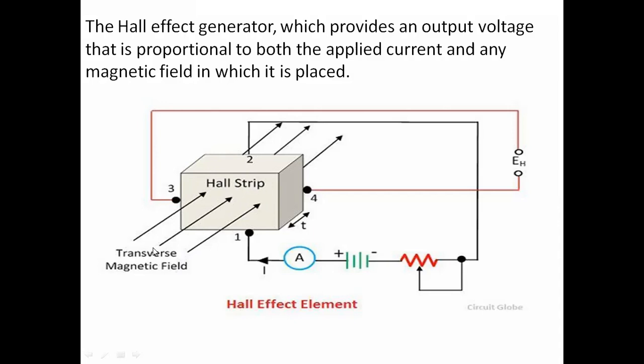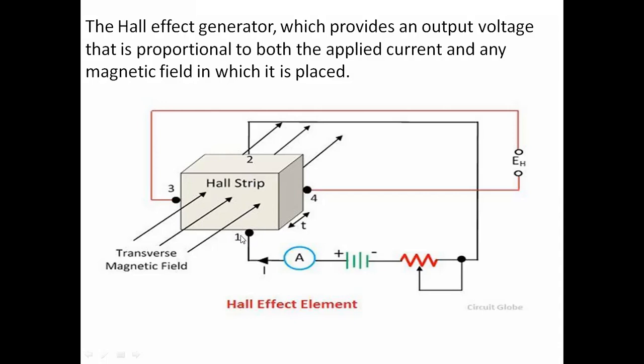When the magnetic field is applied to one side of the strip, on another two sides we apply the current. Here you can consider points 1 and 2.